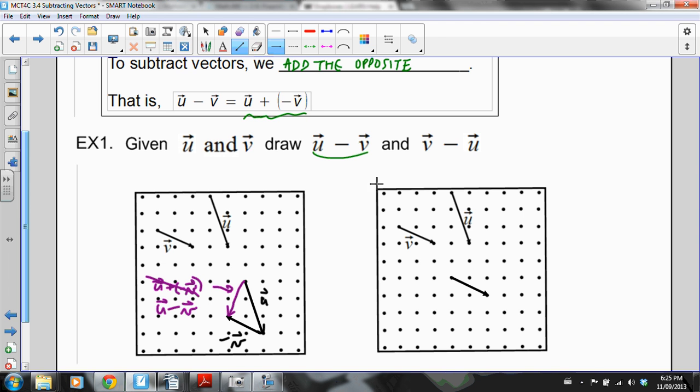There's V. There's V. And negative U, I'm going to draw, I could think of it over here, is like that, right? Same magnitude, opposite direction.